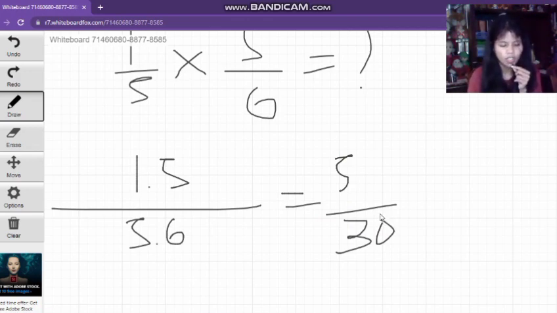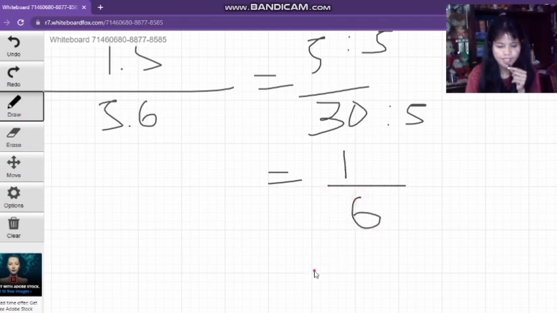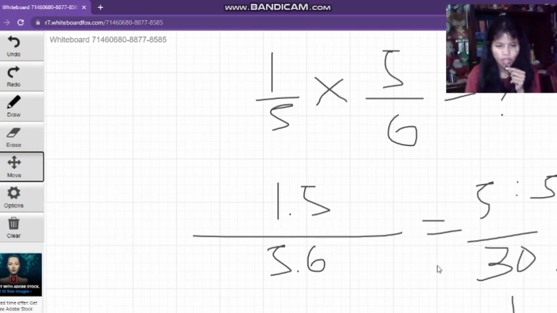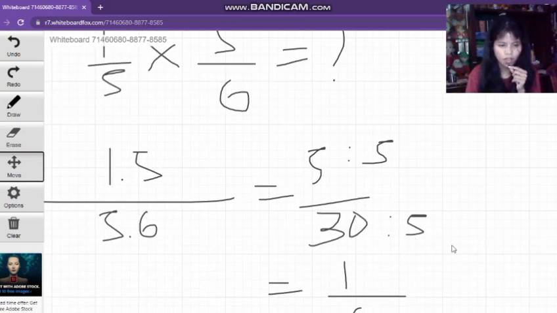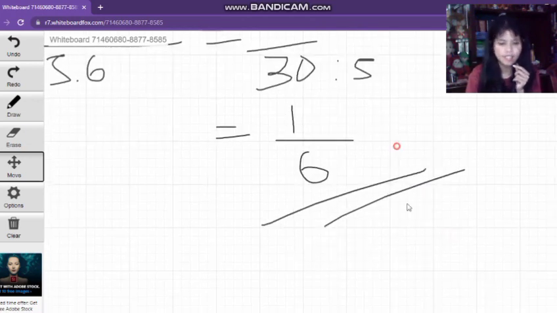Or we can simplify by dividing the numerator and the denominator by 5. So the product is 1 over 6.